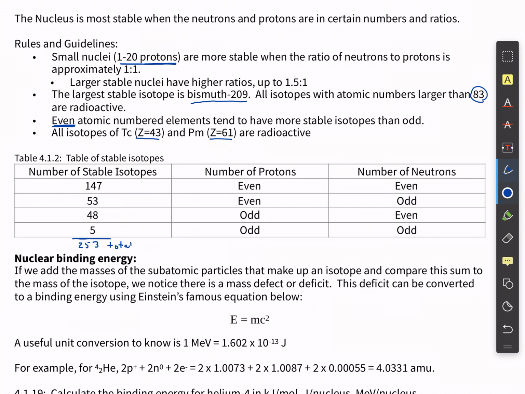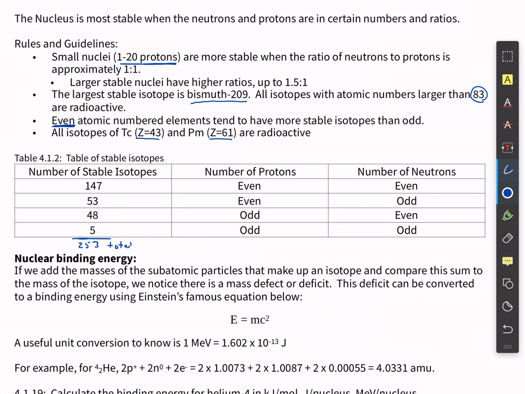So on average, that's about 3 stable isotopes per element that has a stable isotope. And obviously there's a range there. There are a few stable elements that only have 1 isotope. There are a few stable elements that have 6 or 7 different isotopes that are all stable. But there are 253 total spread out over 81 different atomic numbers because, again, 43 and 61 don't have any stable isotopes.